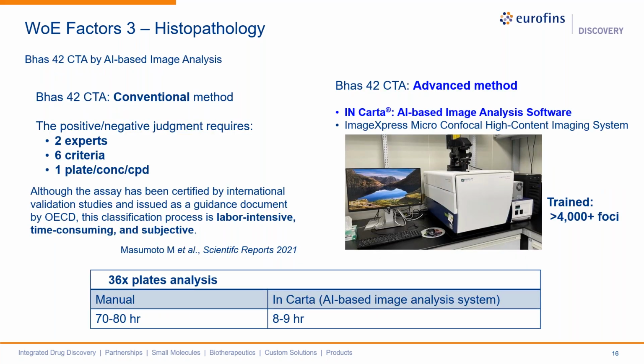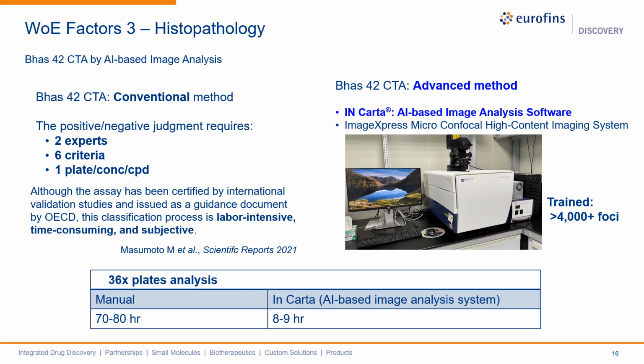Here, I want to highlight our new approach to improve the cell transformation assay using AI-based image analysis. Compare the conventional and advanced methodology side by side. The conventional method presents several operational challenges.